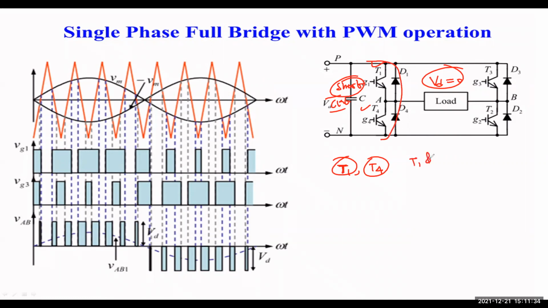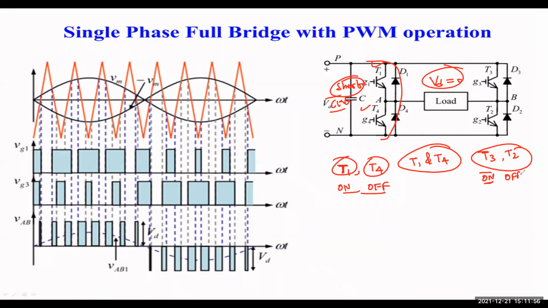T1 and T4 are complementary to each other. Similarly, T3 and T2 must be complementary. That means if T1 is on, T4 must be off, and if T3 is on, T2 must be off.